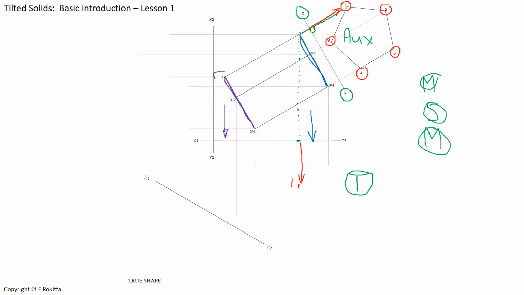Therefore, if I were to again use number 1, we will go to our auxiliary view and measure once again the distance from the xy to number 1, follow the path of number 1 on our front view and go down towards the top view, and then from the x1, y1 we will plot again the distance of number 1, which we carried over from the auxiliary view, and that will then be the base corner number 1 on the top view. In the next slide, we will show what the profile of our pentagon will look like in the top view next.